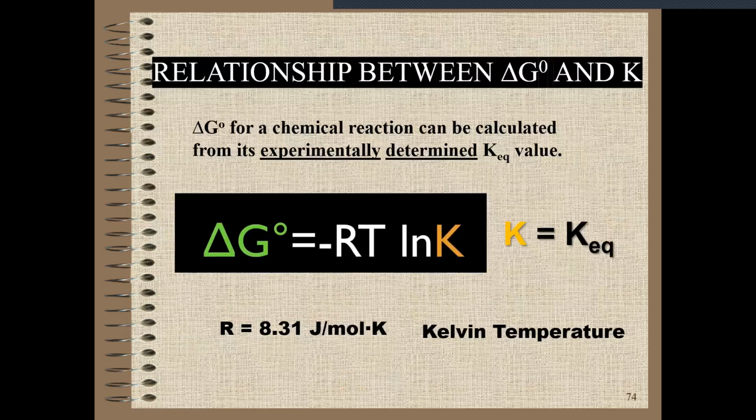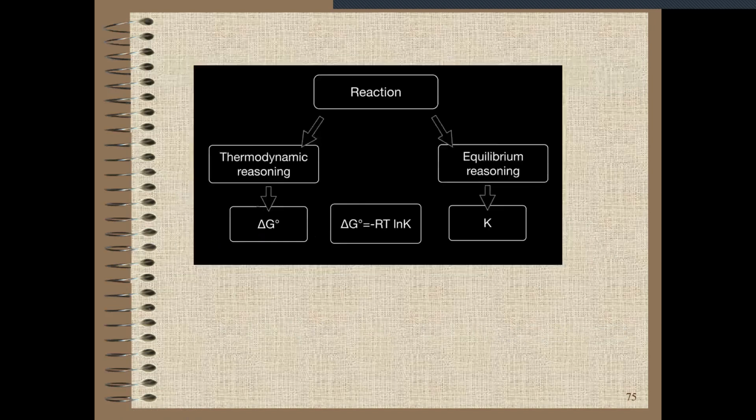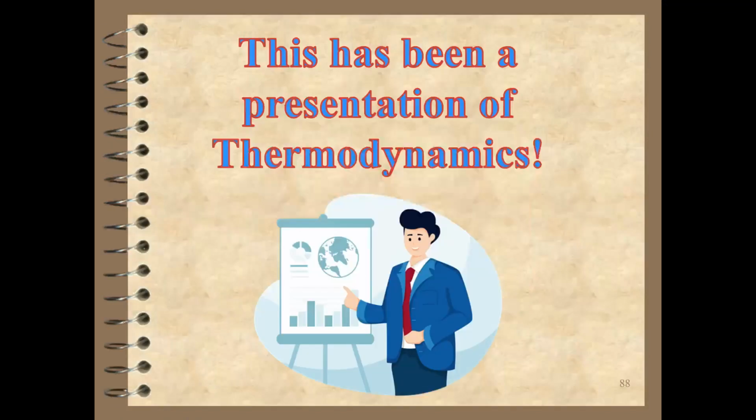This equation I will give you. You could possibly have a problem where one of these variables is unknown and then you solve for it. Let's see, that's too fast. 76.